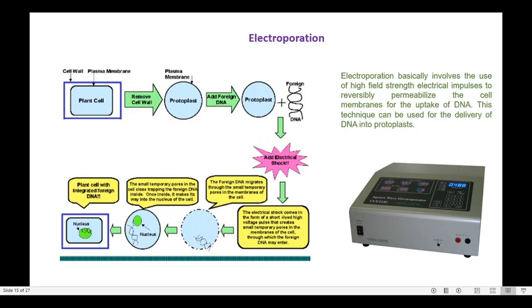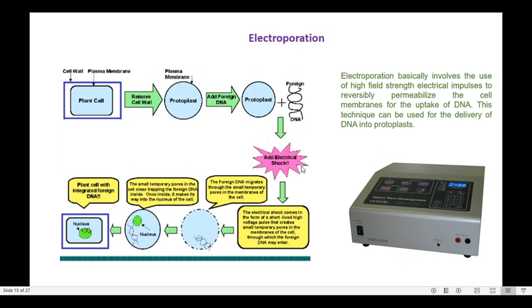The next technique is electroporation. Electroporation basically involves the use of high field strength electrical impulses to reversibly permeabilize the cell membranes for the uptake of DNA. This technique can be used for the delivery of DNA into protoplasts. The basic protocol involves the preparation of protoplasts by removing the cell wall, then adding the foreign or recombinant DNA to the protoplasts.